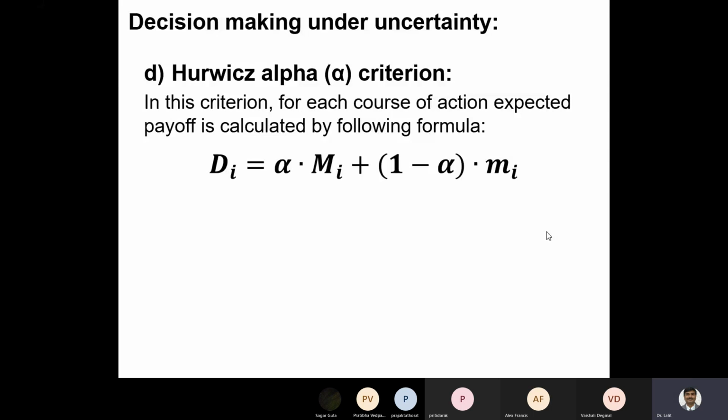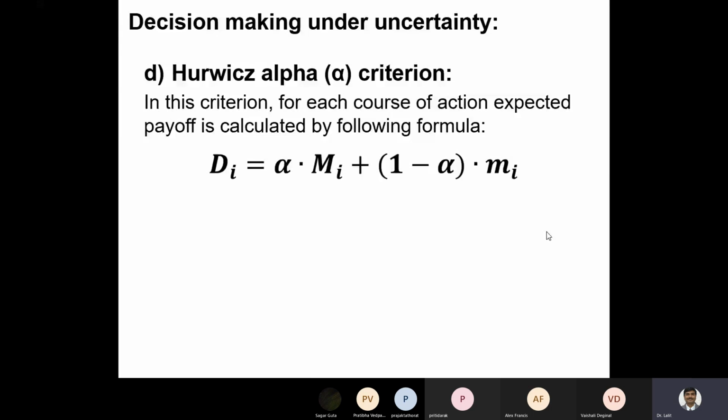He will assume that for every action he will get the best result. Whereas if the person is 100% pessimistic, then for each action he will assume that he will get the worst possible payoff.